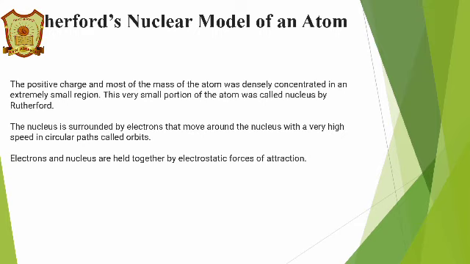And whatever region apart from nucleus is there in the atom, that region is known as extranuclear region, and that extranuclear region carries what? It carries electrons. Extranuclear region carries electrons.